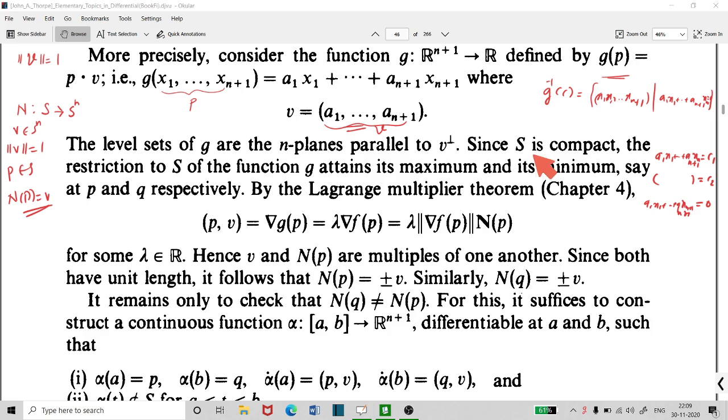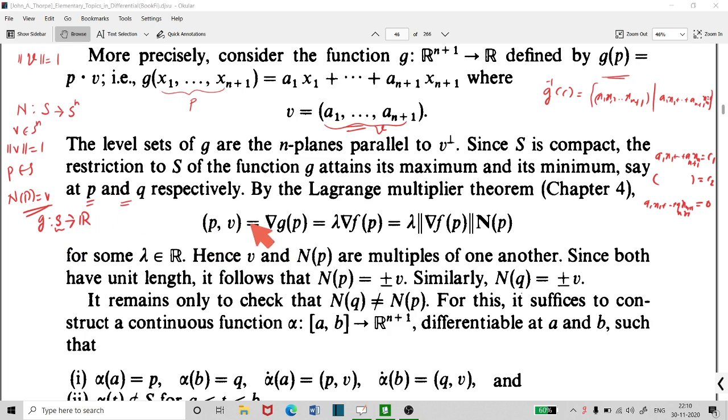Now since S is compact, you can consider this g restricted to S, mapping to R rather than R^(n+1). This is the restriction of g to the connected compact set. So this g attains its maximum and minimum on S, say at p and q respectively, because every continuous function defined on a compact set attains its maximum and minimum.